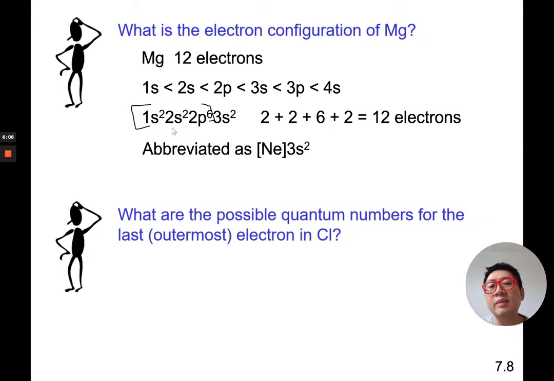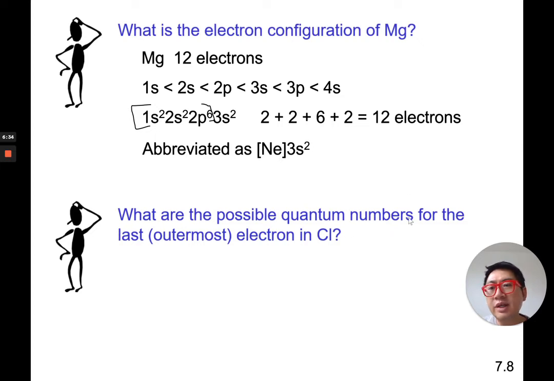That is, we name the noble gas before it, which is neon, and this is the electron configuration of neon, followed by all the stuff that's left. You can't just use the element before; it has to be the noble gas before. So you could write the full electron configuration, or this is called the noble gas electron configuration form.